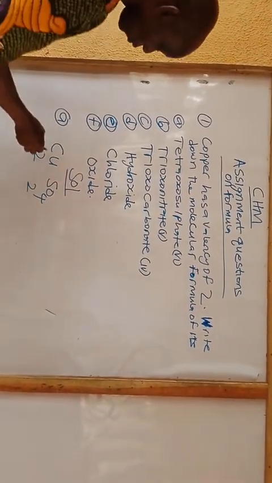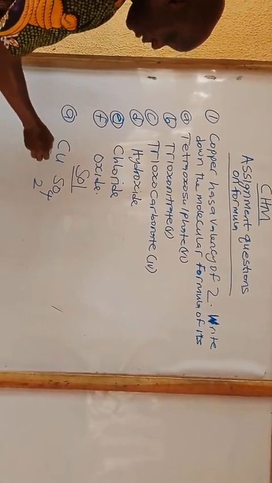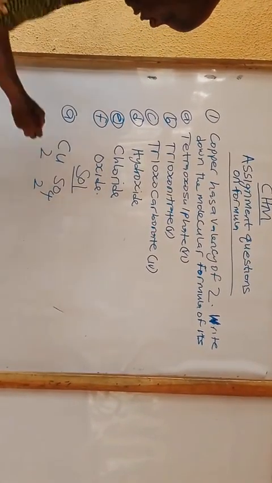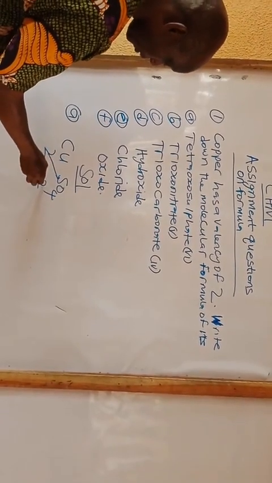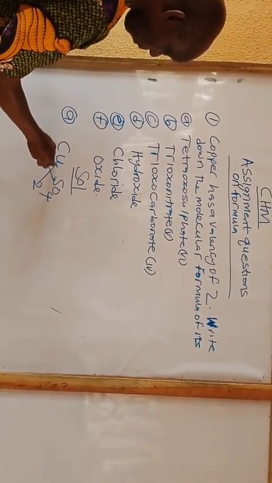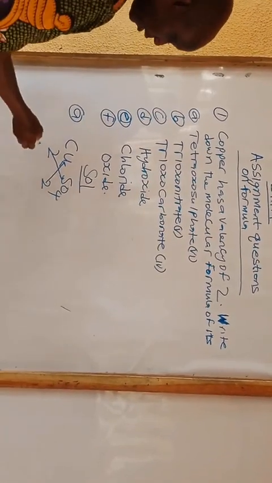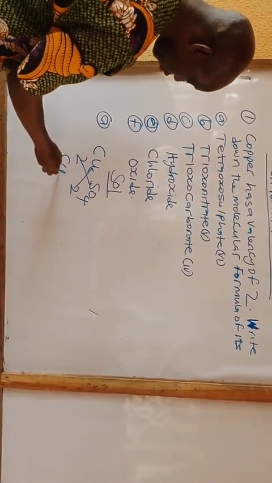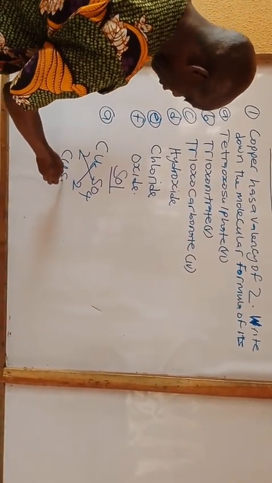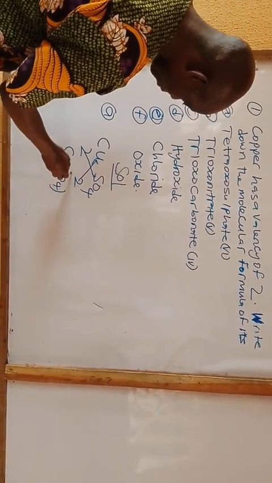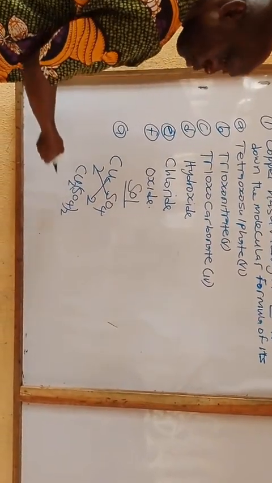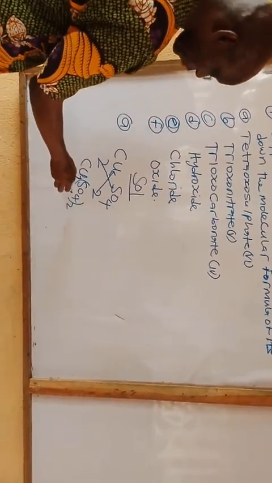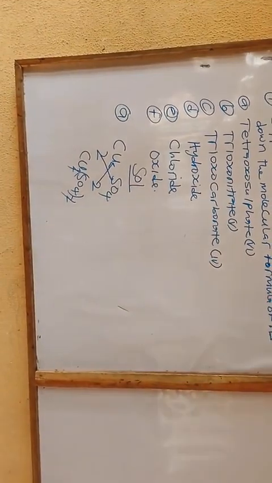So after writing, the next thing is the exchange of valency. The 2 belonging to copper will go to SO4, the 2 for SO4 will go to copper, and at the end of the day you have Cu2SO4 in bracket 2, but because they are having equal numbers, you can cancel them out. 2 and 2 cancel out.